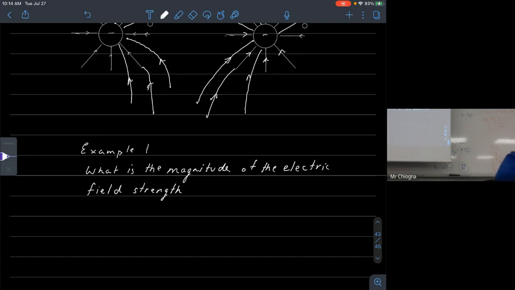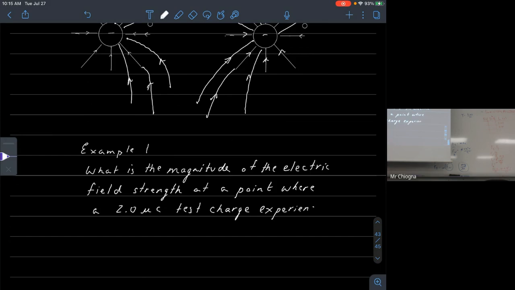Sometimes you'll see the question worded, what's the electric field, or what's the electric field strength at a point where a 2 microcoulomb charge, actually, I should say test charge, experiences an electric force of 5.3 times 10 to the minus 2.